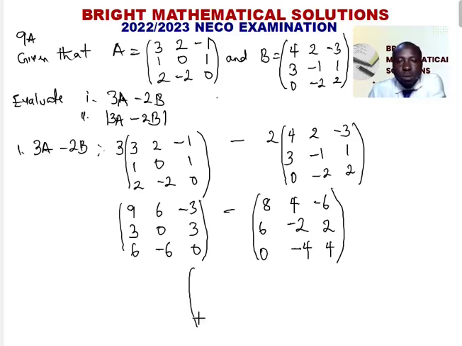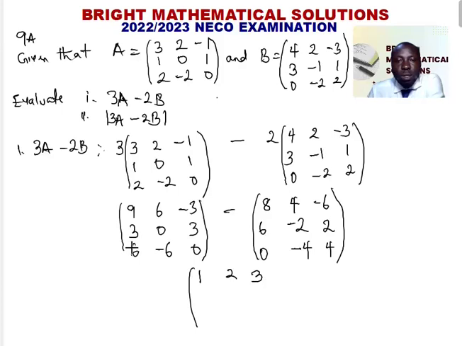So 9 minus 8, that's 1, 6 minus 4, that's 2, and 3 minus minus 6, that is 3.